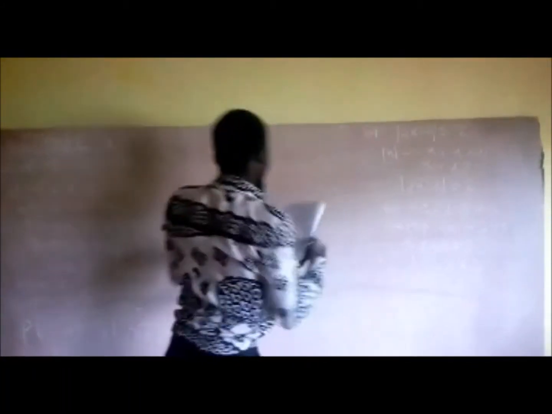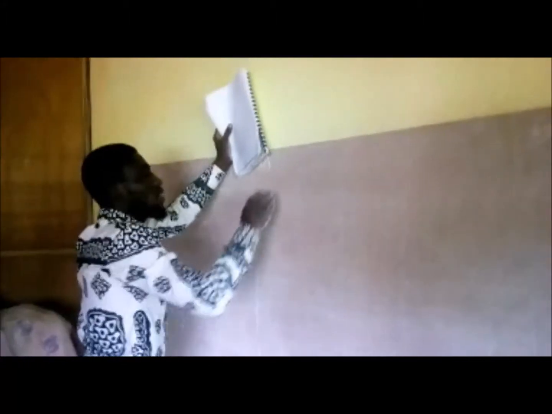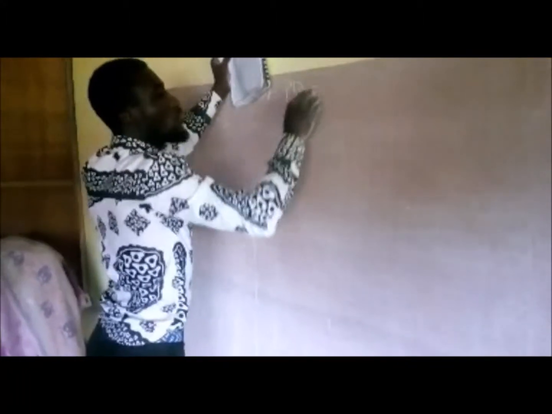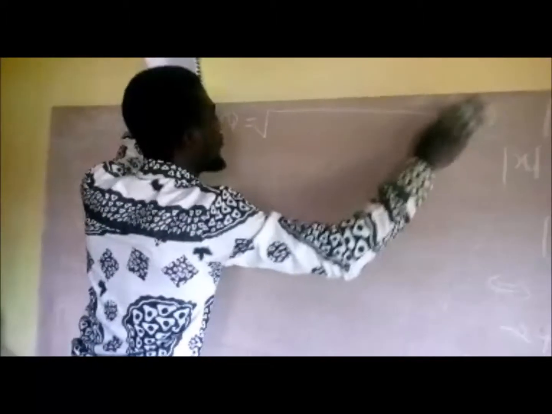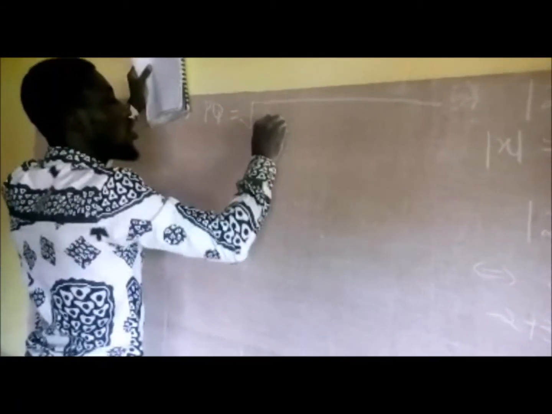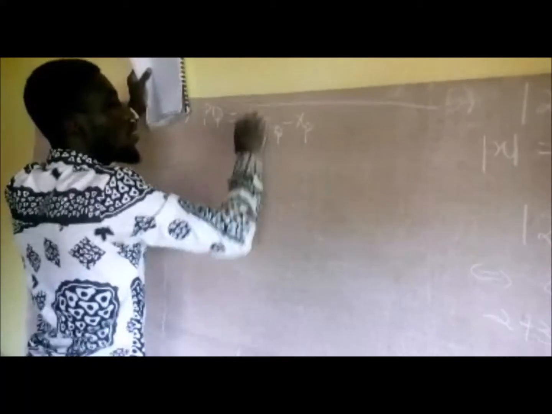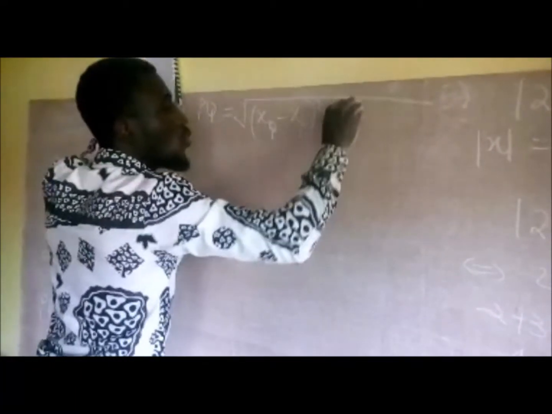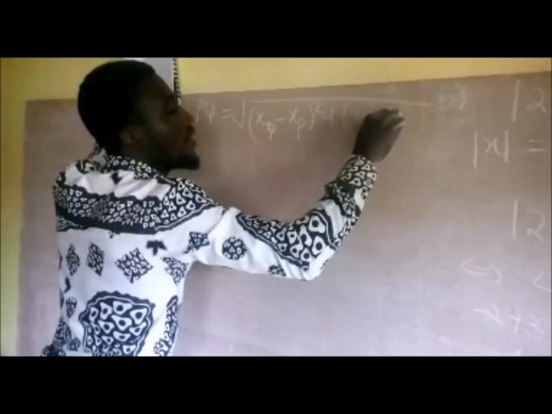Now we also want to calculate the length of the line PQ, which is the B part of the question. PQ, as we know, is the square root of xq minus xp all squared plus yq minus yp all squared.